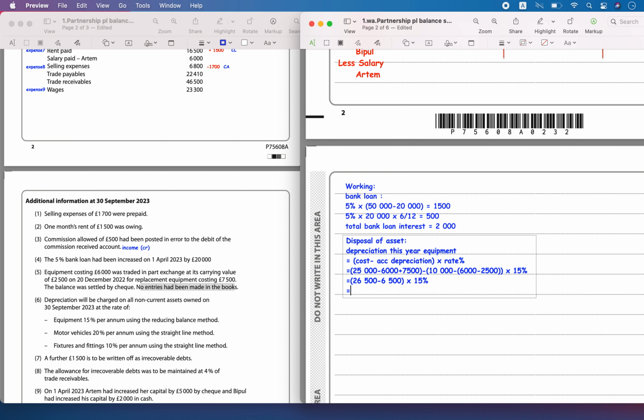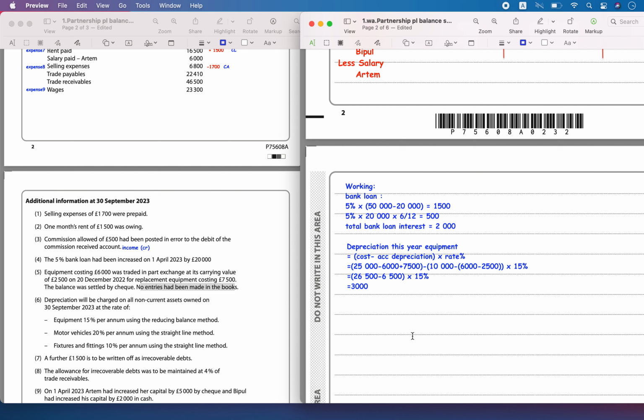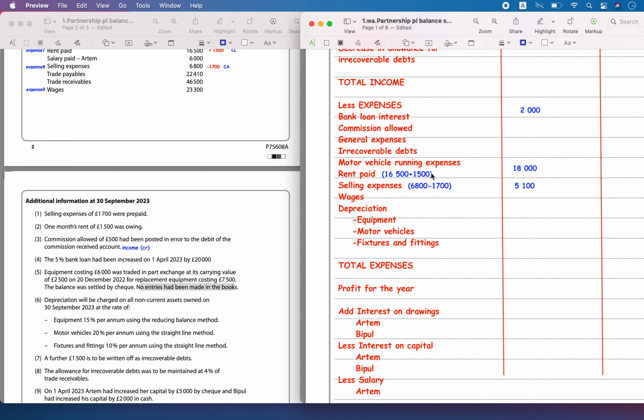So that is equal to 3,000. So 3,000 was the depreciation charge. Okay, this is the depreciation charge for the disposed equipment. So let's put that cost here. So for the equipment, it is going to be equal to 3,000 depreciation charge.